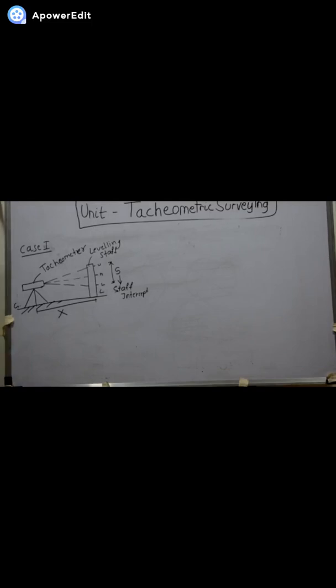The horizontal distance is calculated by the formula D = S × (f/i) + (f + c). Now in this case, what is f/i and what is f + c? f + c is called the additive constant.